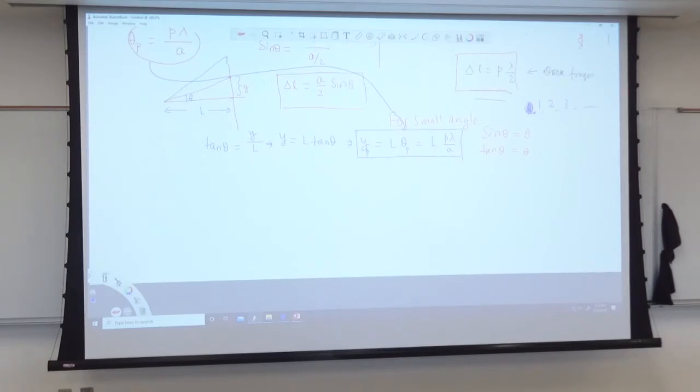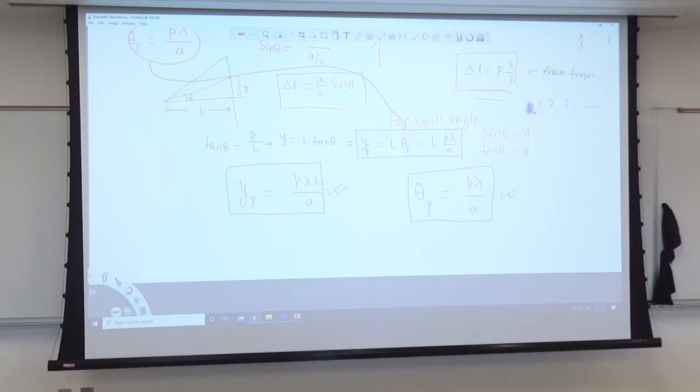So I can write this as yp is equal to P lambda L over A. If you want to find the angle, it is given by this: theta P is P lambda over A. And if you want to find the distance from the center, you use that. So you can use either one depending on what you're asked.